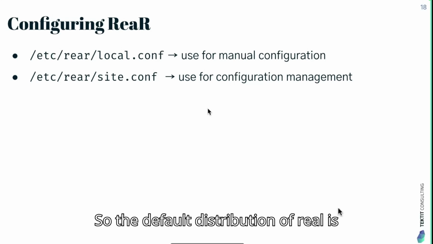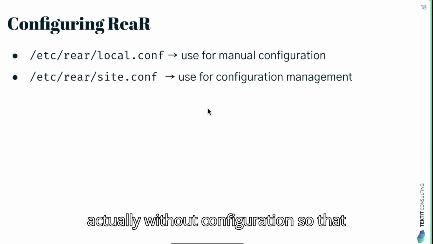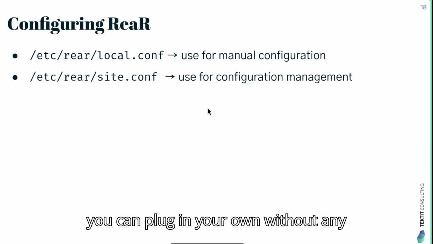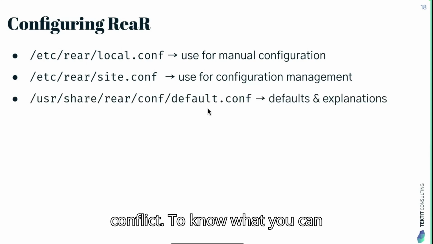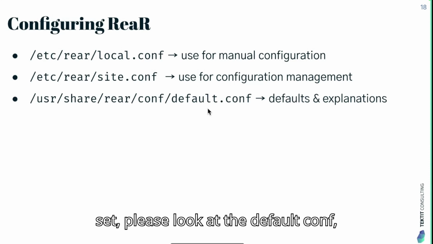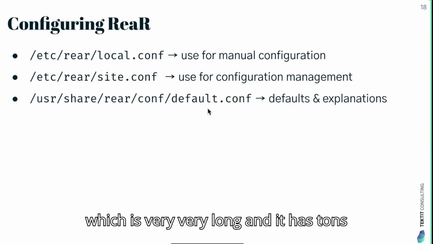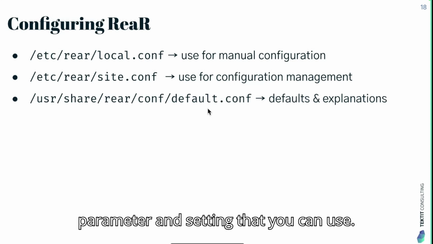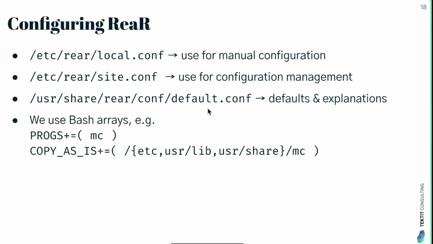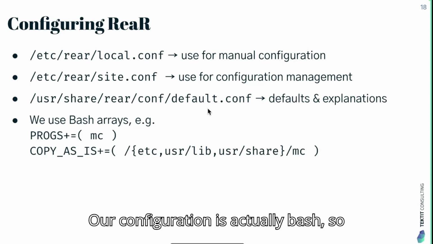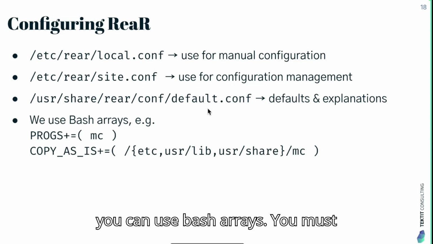So the default distribution of ReaR is actually without configuration so that you can plug in your own without any conflict. To know what you can set, please look at the default.conf, which is very, very long, and it has tons of descriptions describing every parameter and setting that you can use. Our configuration is actually bash, so you can use bash arrays.